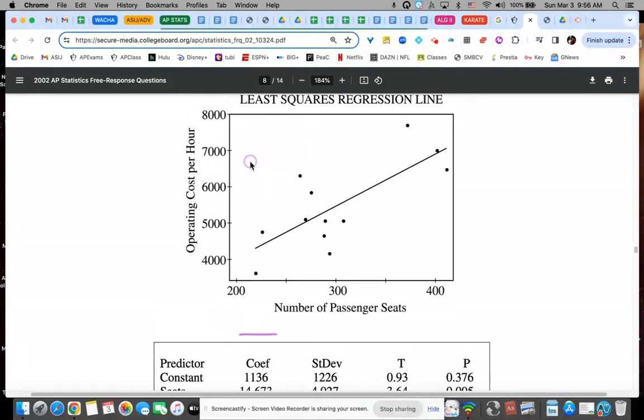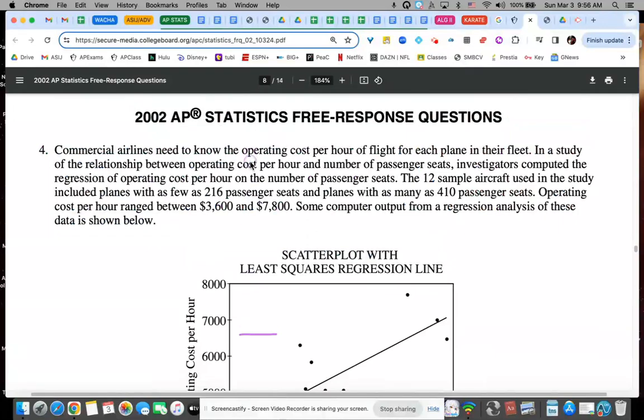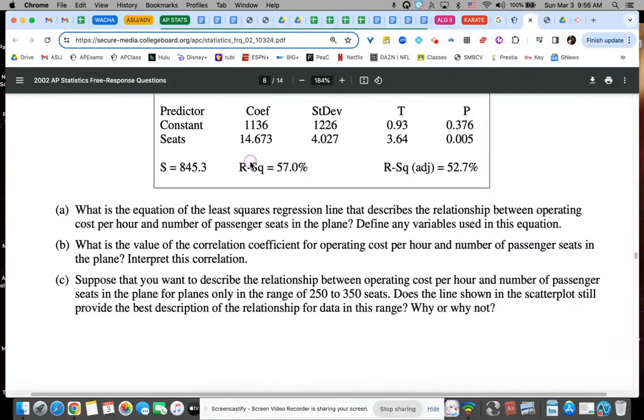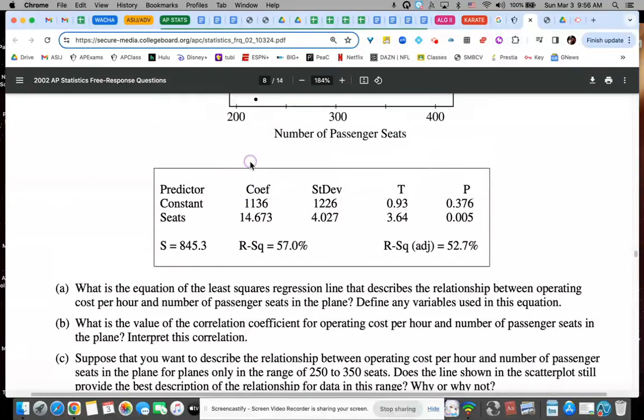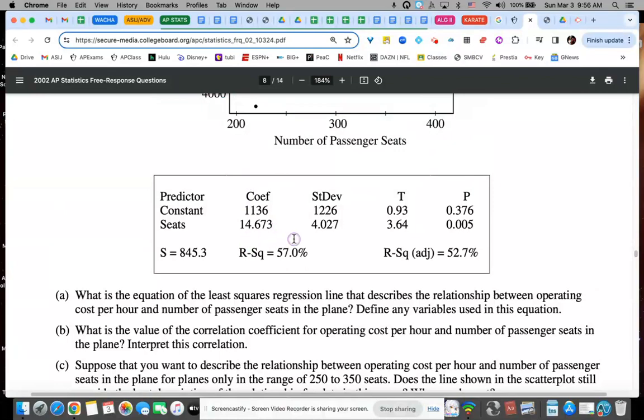What is this, dollars? Must be dollars, I'm assuming. Yes, dollars. Okay, so that's the slope. You have to say, for every 1 increase in the x, then the y is predicted to increase by this much or decrease.